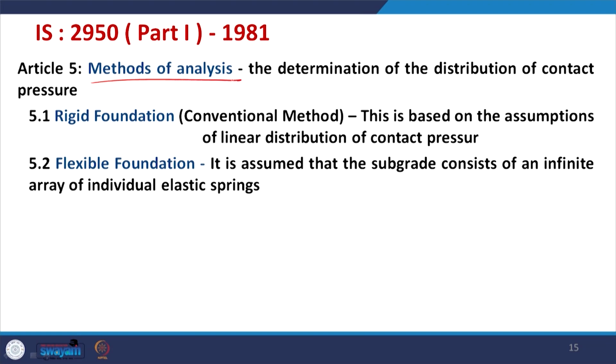In the code, two methods of analysis are given, and these help in the determination of the distribution of contact pressure q. If you recall in the last equation, when you needed to find the value of Es, a factor q was coming, and determination of q itself is a problem in the raft footing. We are going to discuss how to find q now.